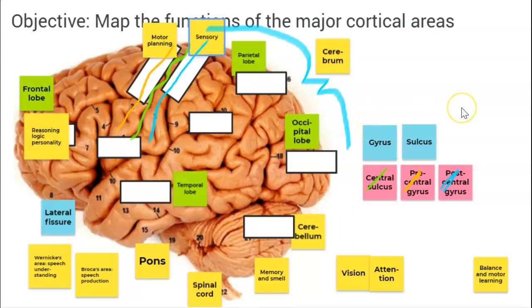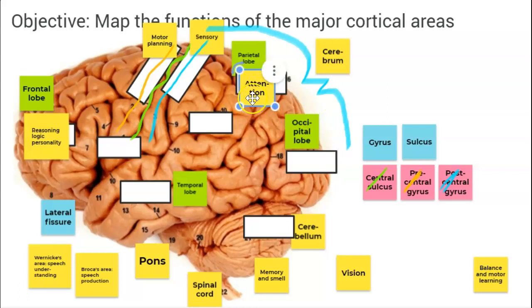And then going back into the parietal lobe, the parietal lobe has a couple different functions. I put here just attention, but actually it's attention, it's location, and some movement processing is located in the parietal lobe as well.